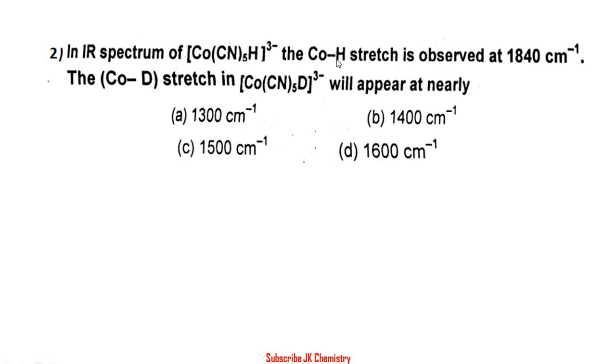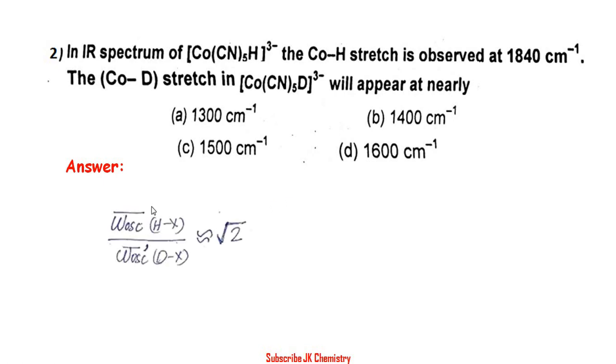So it is nothing but isotopic substitution. Without knowing the concept it seems to be very difficult, but we have learned isotopic substitution. You are given a complex simply for confusion. So clearly it is isotopic substitution. You want to calculate omega oscillation bar for Co-D.